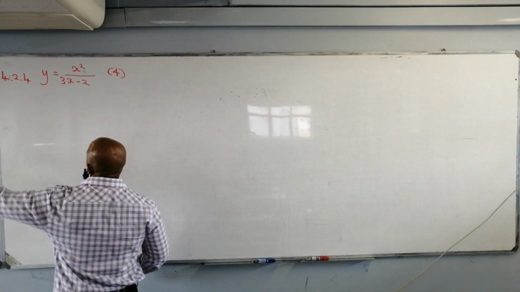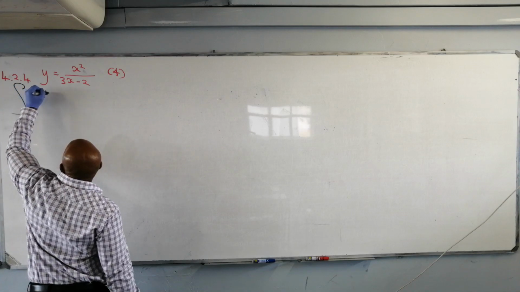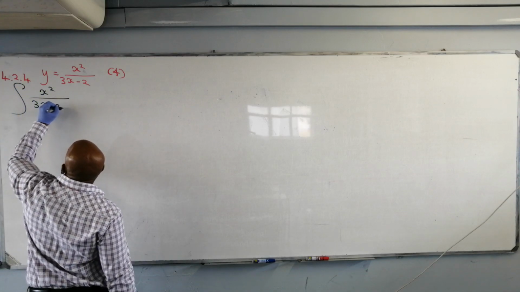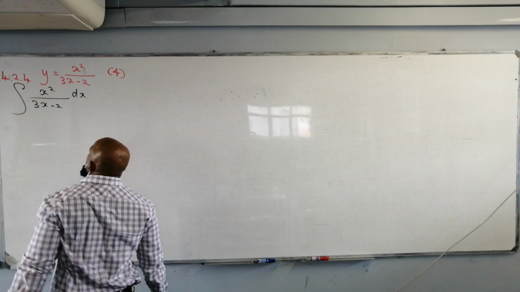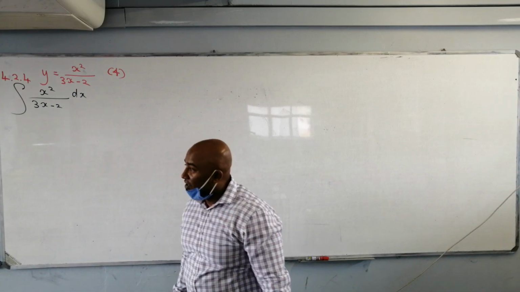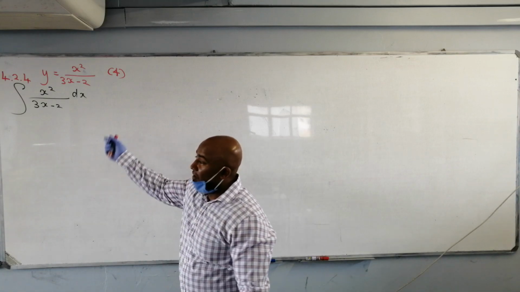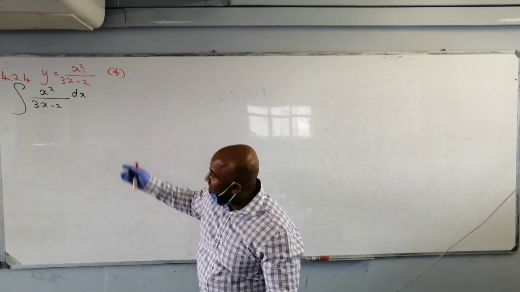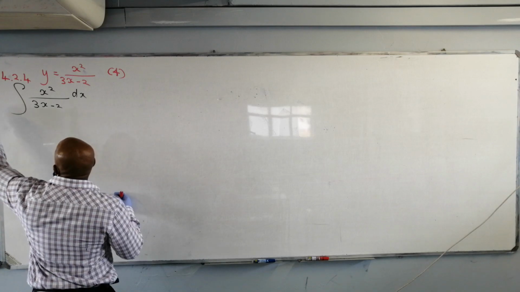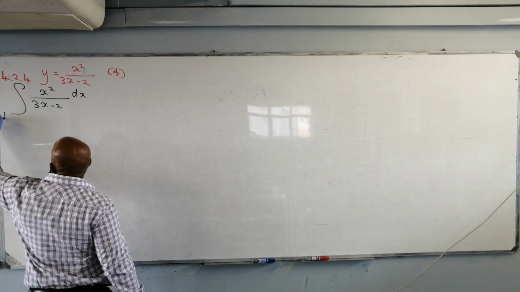Alright, first of all, let's put in our integration. That's the integral of x squared divided by 3x minus 2. So it's a fraction, it does not satisfy the condition of f prime x over f of x. So you can't just go and put ln because it does not satisfy that condition. So we will use long division.